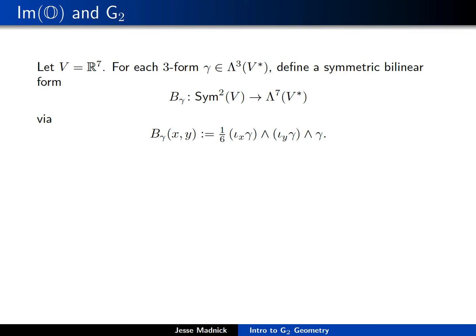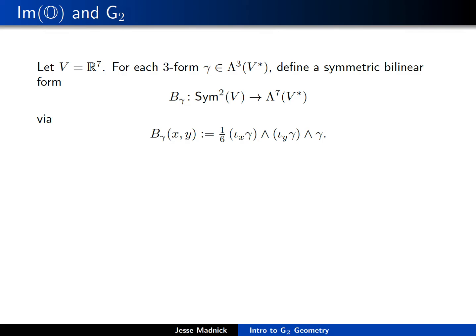Okay, so you might ask, is phi 0 in some sense special in the space of all 3-forms? How should we think of phi 0 as sitting inside the space of all 3-forms? Is there anything remarkable about it? And in fact, there is. Let V be R^7, just for the sake of notation.